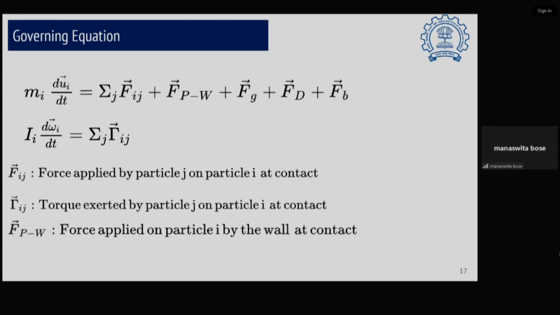So that's it. And i is the ith particle, j is the jth particle. So now how do you go? F_ij is the force applied on the ith particle by the jth particle, all jth particles in contact with the ith particle, and the torque is similar. And F_pw is the force applied on the ith particle by the wall, gravity, drag, and buoyancy. One can also consider lift. I haven't included the discussion of lift in this presentation.